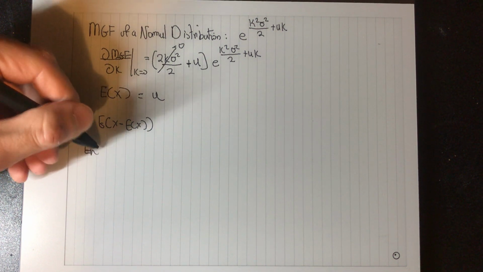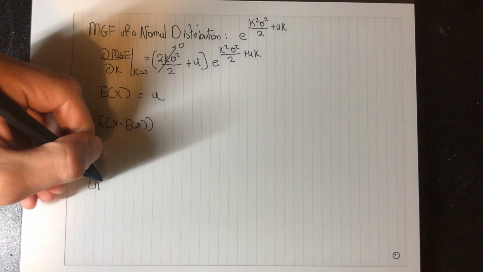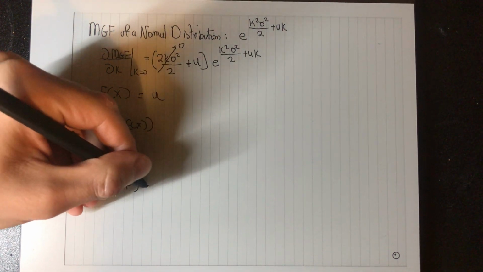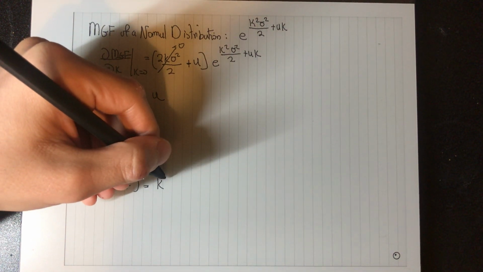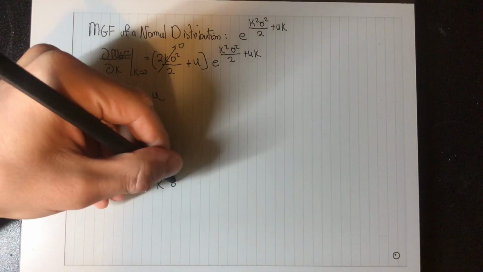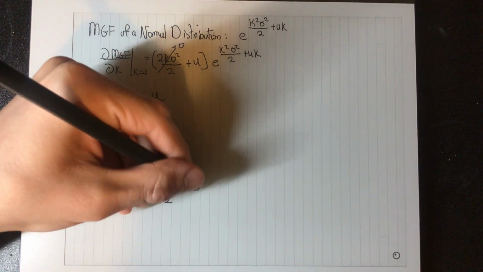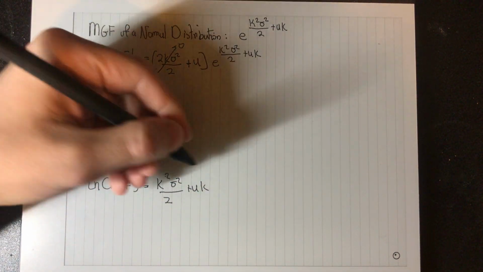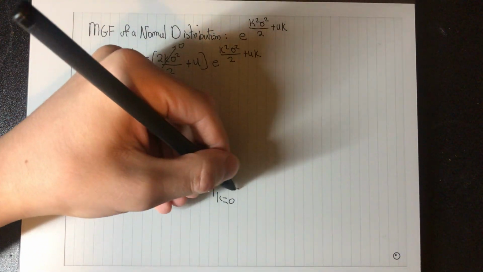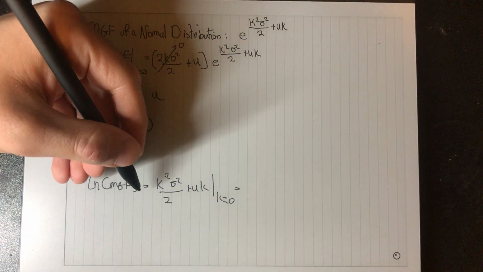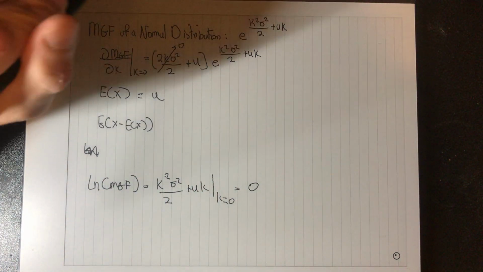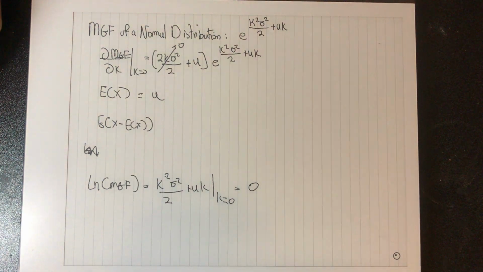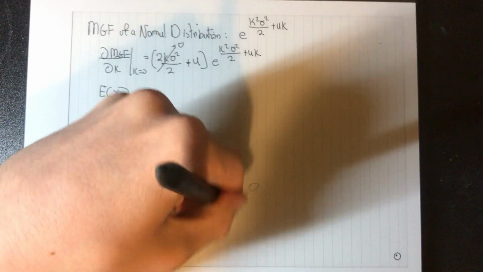Taking the log of the MGF would give us, and setting k equals to 0 would give us, simply, taking the derivative of that first, so that's log.